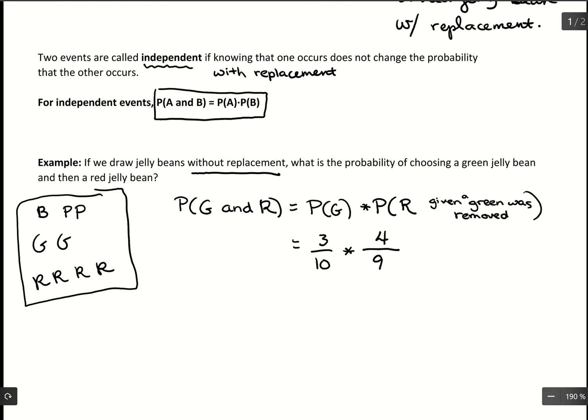This second part here is called a conditional probability. So there was a condition of something given that changes how that probability is calculated. So this would be 0.1333.